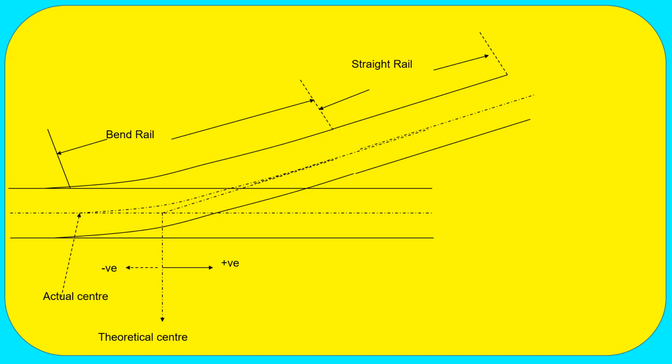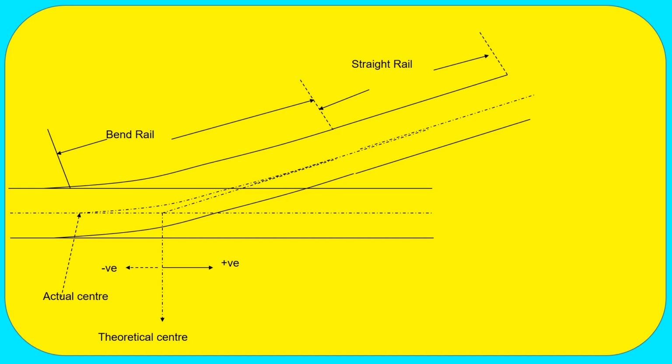So try to understand the difference. A turnout is mainly used for initiating a new line. How will we go to a new line from the main line? A turnout is used. But a crossover is the connecting line between two continuous lines.